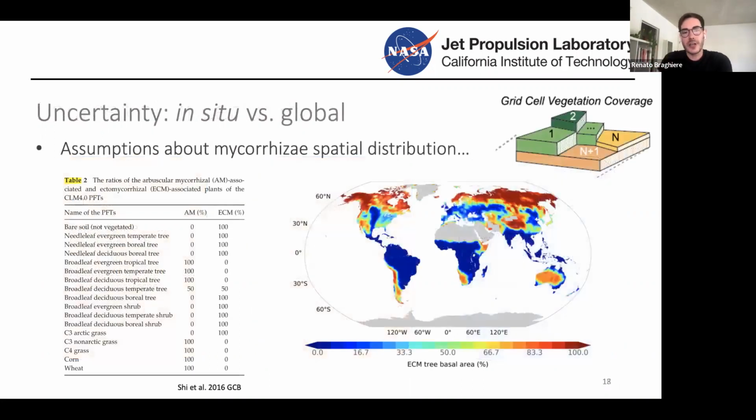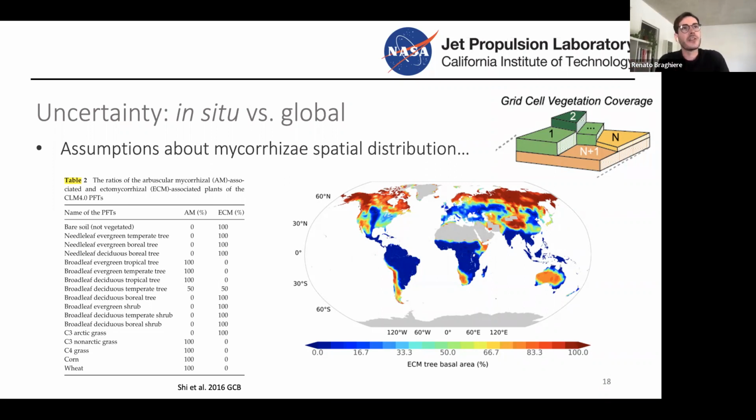One of the uncertainties, and probably the first one that we encounter here, was this: when we fit the cost parameters for in situ measurements, we know the percentage of ectomycorrhizae versus arbuscular mycorrhizae for that particular site. But how will we know that globally?